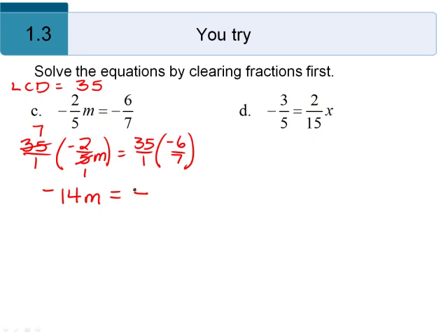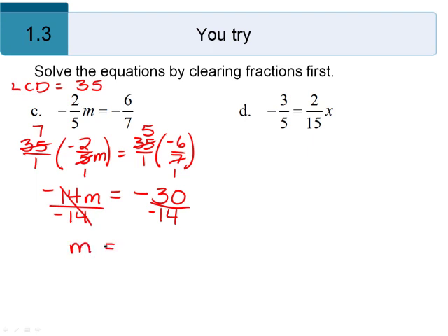So anyway, we're going to cancel by 7 over here, and that's going to leave a 1 and a 5. We already know it's going to be a negative, but double checking, 5 times negative 6 is going to be negative 30. And now divide by negative 14, and the negative 14s cancel, the m comes down.